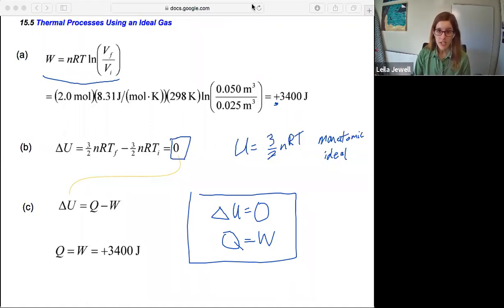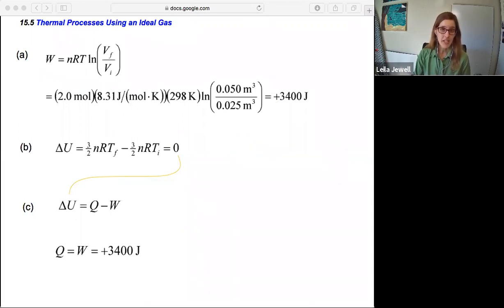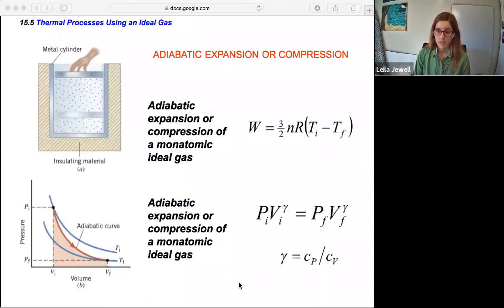Our last possible process, as mentioned, is the adiabatic process. So for the adiabatic expansion or compression, because the volume, again, needs to change in order for it to be interesting, we could imagine, again, having our metal cylinder with a movable piston, say someone pushing on it. But here, instead of having, say, hot water or some set temperature around it, we're going to place insulating material.